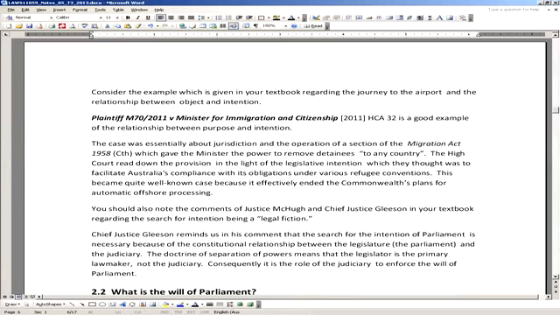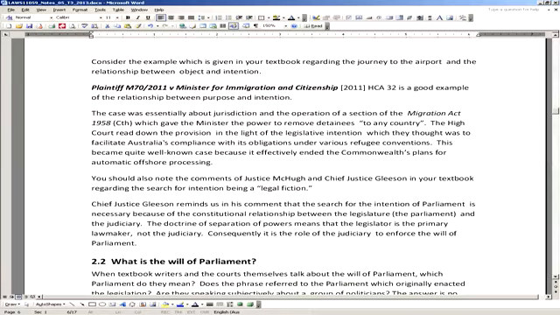Thank you. So in here they mention a 2011 case. It's a good example. It's a High Court case from 2011. You might recall it involved the question about the Migration Act.